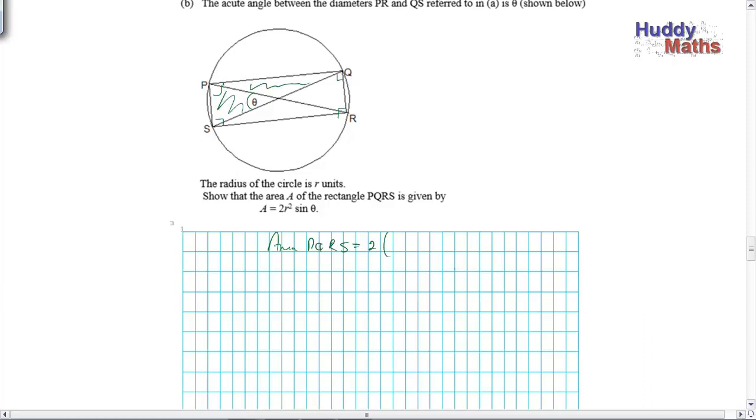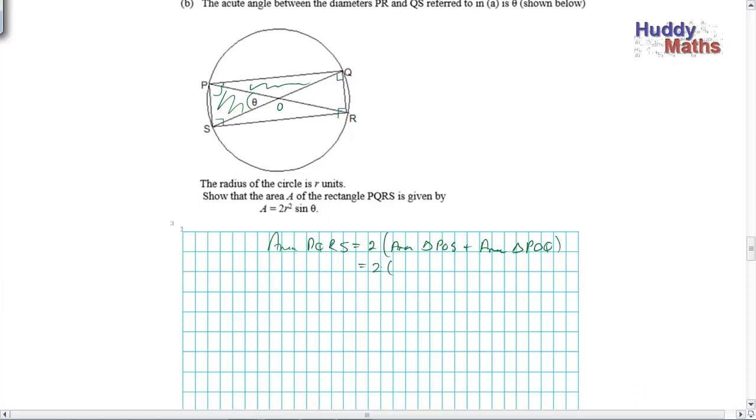So what's the area of those two triangles? Let's put here area triangle POS, because that's the centre, plus area triangle POQ. Okay, there's symmetry there in that rectangle, so it's twice that.